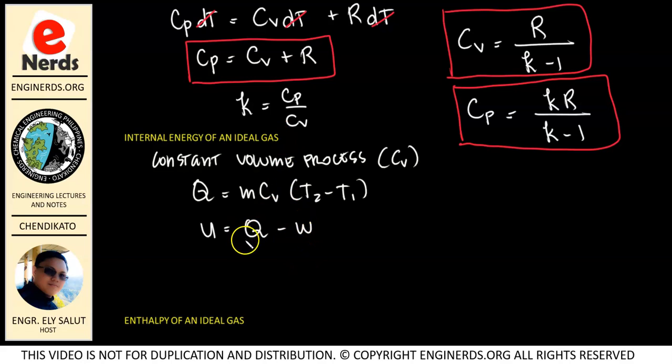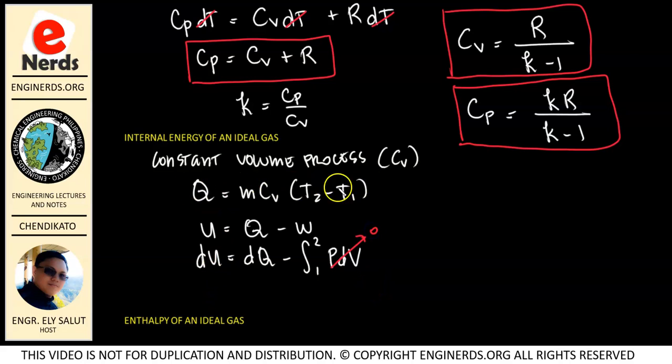Now, according to the first law of thermodynamics, our delta U is equal to Q minus W, where W is work, which is equal to the integral of PdV. So we have our dU is equal to dQ minus the integral from 1 to 2 of PdV, the integral of pressure times dV. But we have a constant volume process here, so there will be no change in volume, so this will be equal to 0.